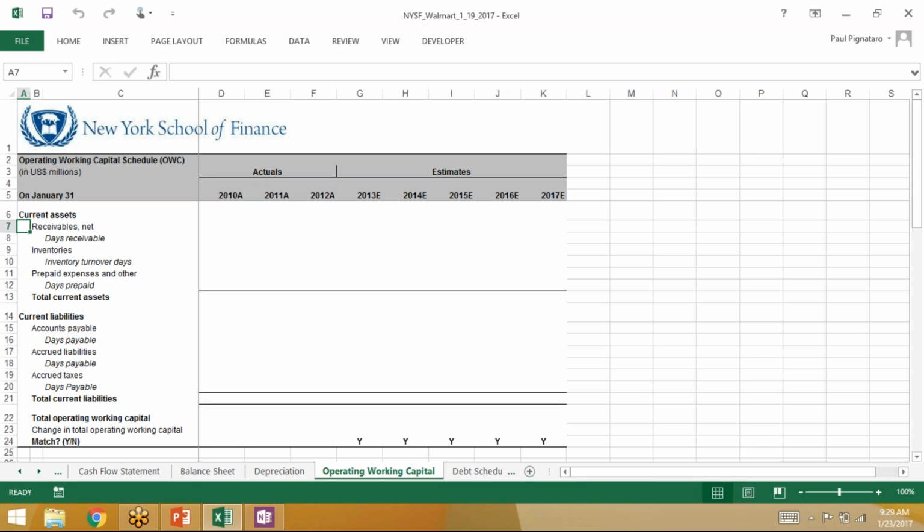It's harder to see here because I've laid it out for you in a template, but if you didn't have this template, or if you had a template but it wasn't laid out like this, you would have to think about what line items am I including for working capital? So we have to go to the balance sheet and identify the current assets, not including cash, and the current liabilities, not including long-term debt.